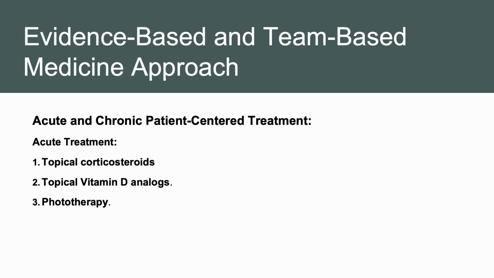For acute treatment, we could consider topical corticosteroids, particularly high-potency steroids like clobetasol for short-term use on thick plaques, and topical vitamin D analogs such as calcipotriene, which can help reduce scaling and inflammation. Phototherapy, particularly narrowband UVB phototherapy, is effective, particularly given that the patient reported improvement with sun exposure.